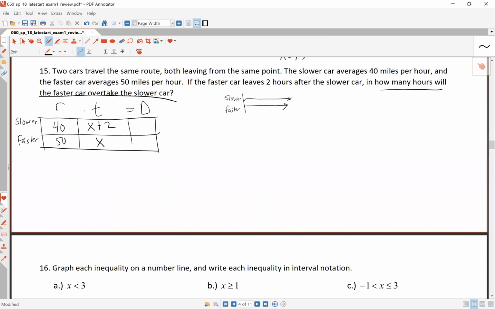Now we do the same thing, rate times time, which is 40 times x plus 2 equals 50 times x, or sorry, 50x for this faster car. But they went over the same route this time, and the moment the faster car overtakes the slower, their distances will be the same. So we set our two distances equal to each other.